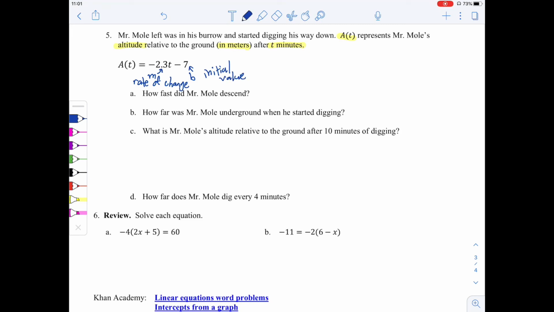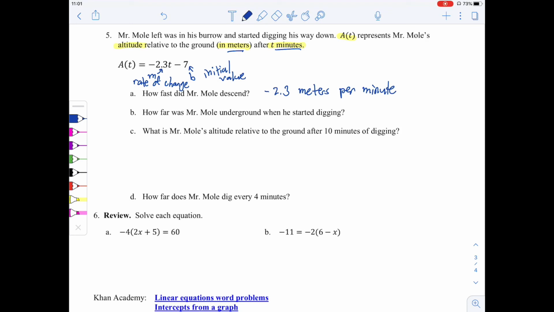So how fast did Mr. Mole descend? You look at the rate of change. This is negative 2.3, and we're going in meters and minutes. So negative 2.3 meters per minute.